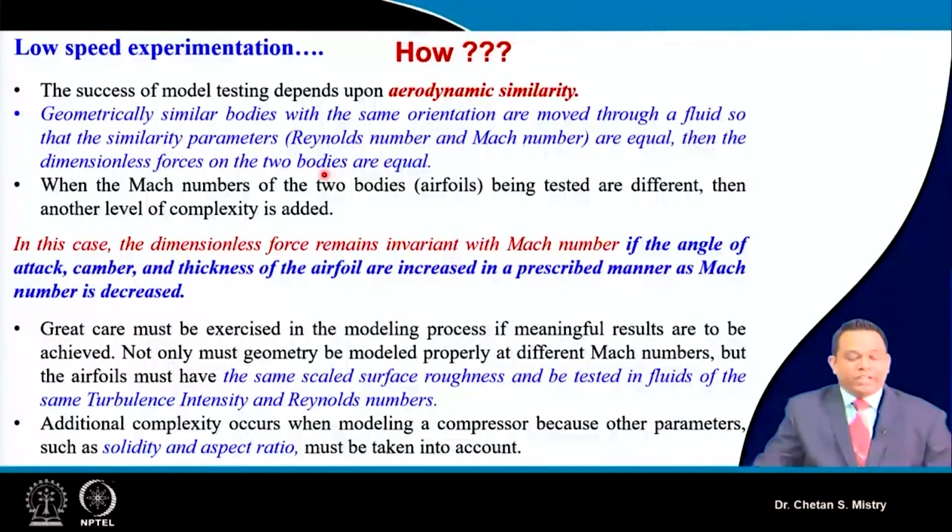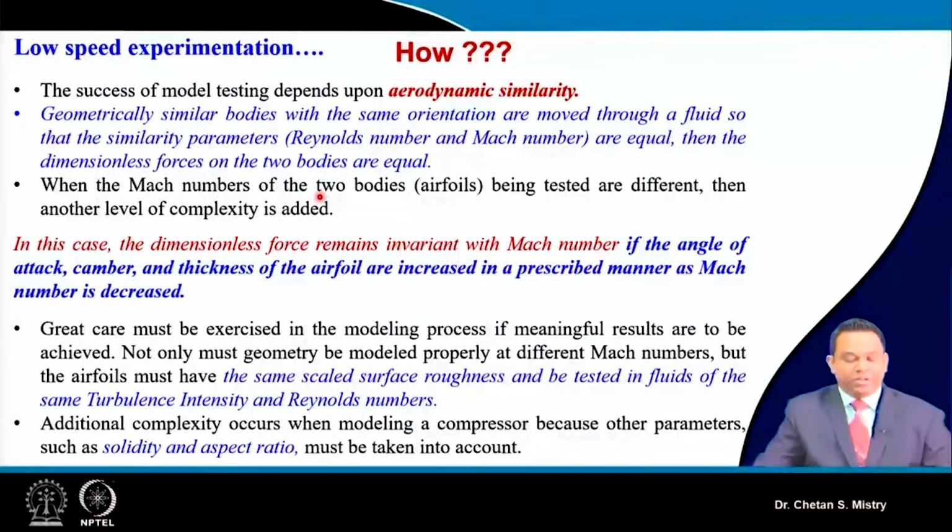It says that if geometrically similar bodies with the same orientation are moved through a fluid so that similarity parameters, namely Reynolds number and Mach number, are equal, then dimensional forces on these two bodies are equal. So we have two parameters that need to be checked: one is the Reynolds number, and second is the Mach number.